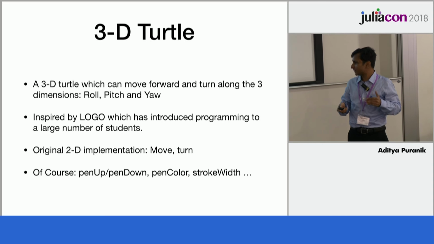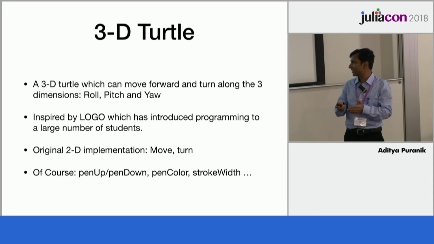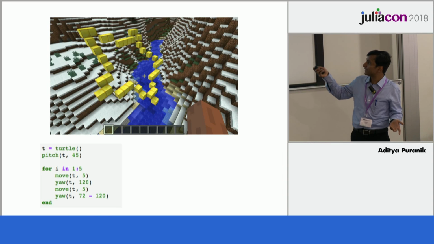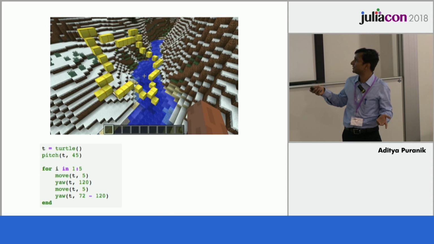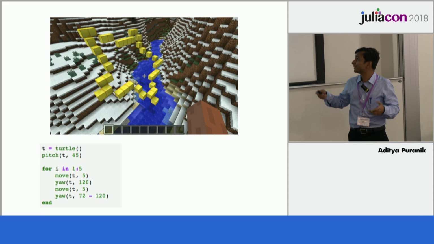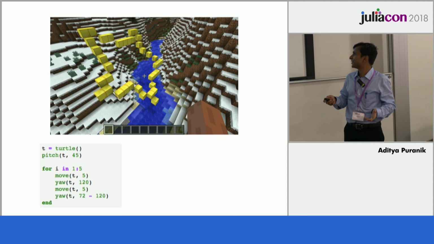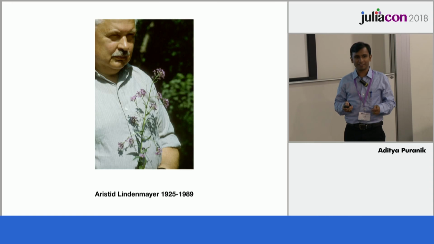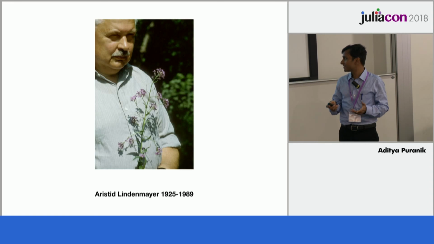Just simple commands: you can move, you can change your pen status, and turn accordingly. This is some code which made a 5-sided triangle in 3D. First I set the angle to 45, and then I just run one simple for loop, and this thing was created.